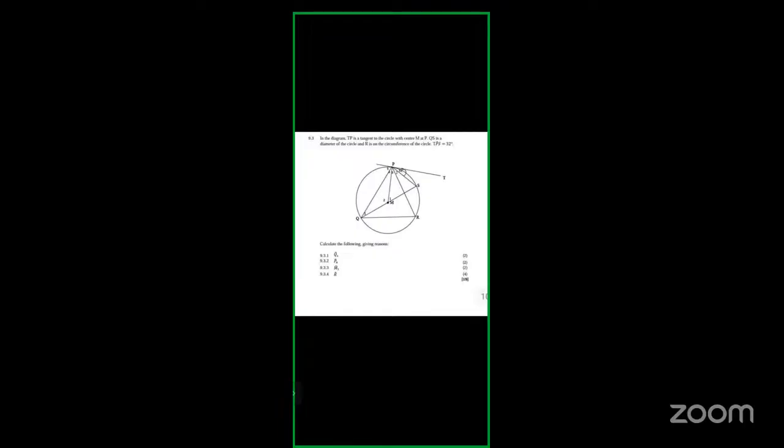Then the angle TPS is equal to 32 degrees. Question 9.3.1 requires us to calculate Q1, the second one P4, the third one M1, the last one R.